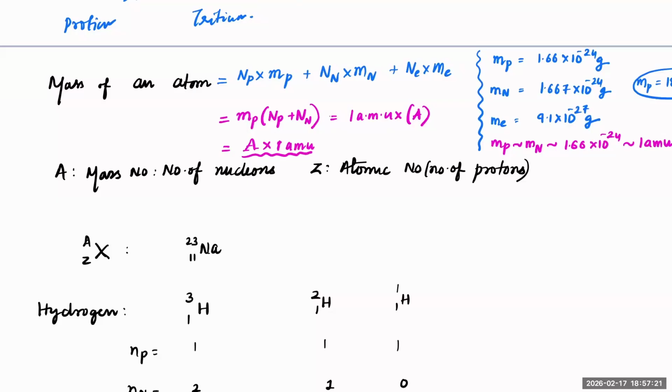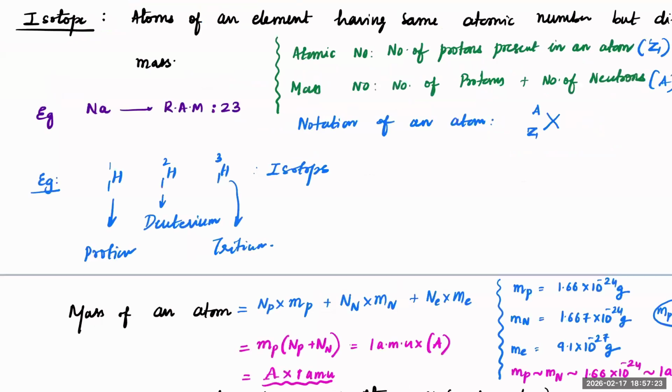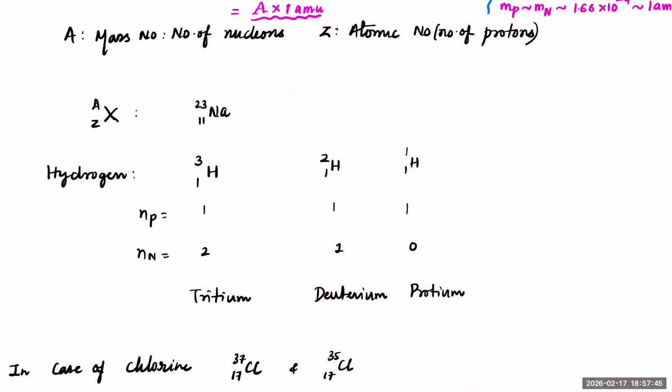That's why I wrote here, for sodium, if the relative atomic mass is 23, and if asked what is the mass of a sodium atom, you can simply write it as 23 into 1 AMU. So 1 AMU is 1 u. So 23 u is the mass of one sodium atom. Likewise, how do I read it?